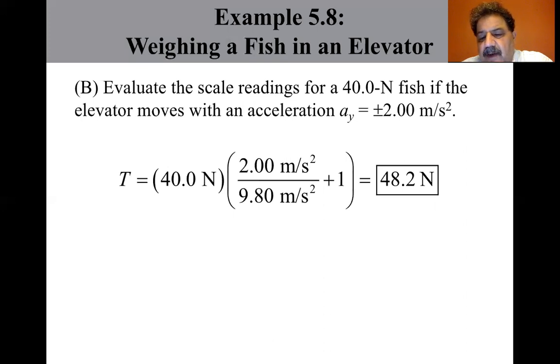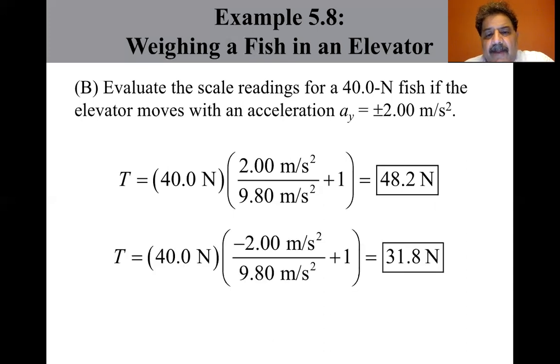So now let's evaluate if the acceleration is downward. Now it's 40 newtons times (minus 2 meters per second squared divided by 9.8 meters per second squared plus 1). We get 31.8 newtons.